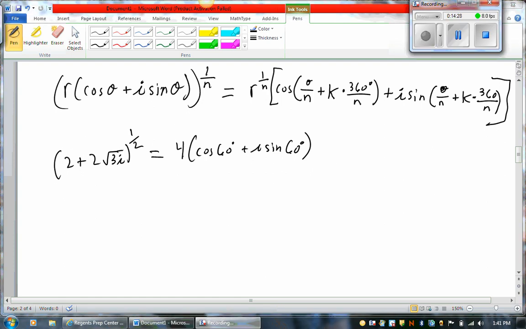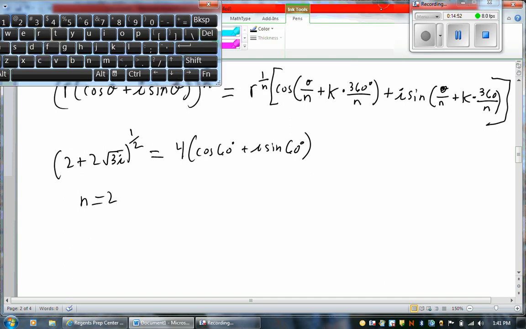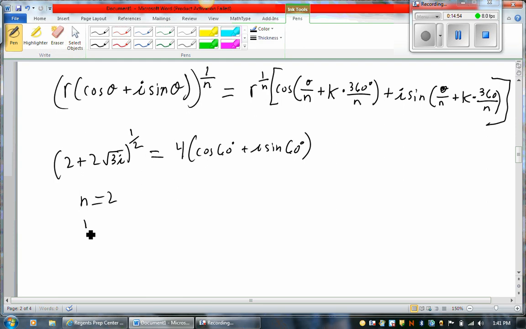Now at this point, when we're doing complex numbers, it's helpful to write out some things we know. We know that n equals 2, for the 1/n power. Since n equals 2, 1 over n is 1/2.